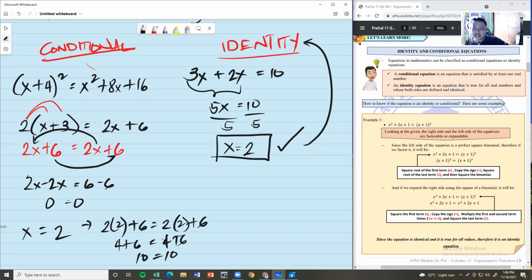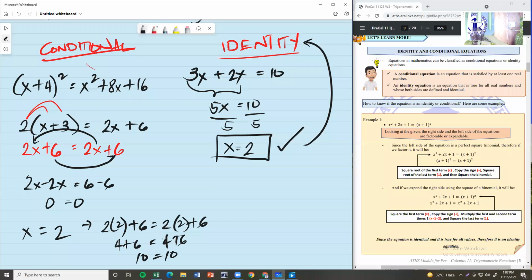So a conditional statement is just the same process as checking, like when you were in grade 7 and grade 8, checking the value of x if they are correct. Which means any value of x can be the value for that equation. Unlike in the identity, it's very sure there's only one correct answer. Do you now understand the difference of conditional and identity equations?